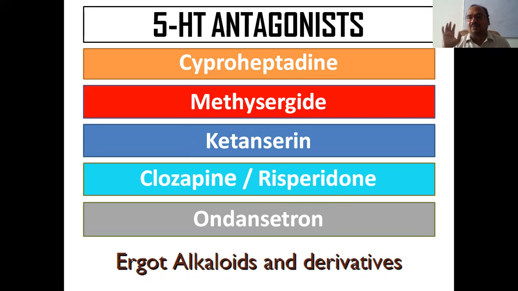Both are different, it is not a synonym. I gave all of them different colors, and the same colors are used in the slides, which we will see one by one, for easy identification and remembrance.